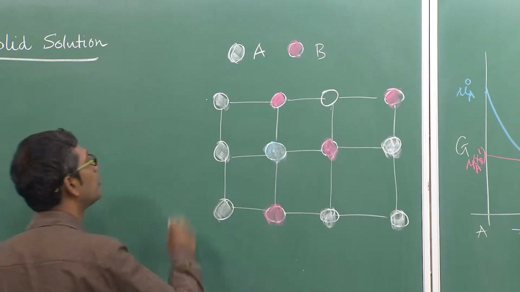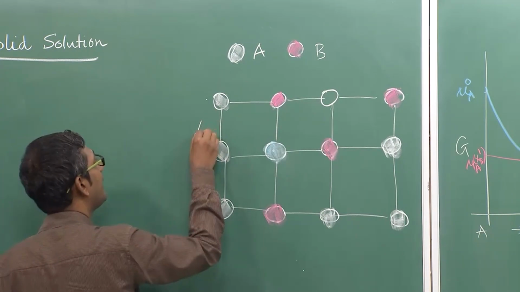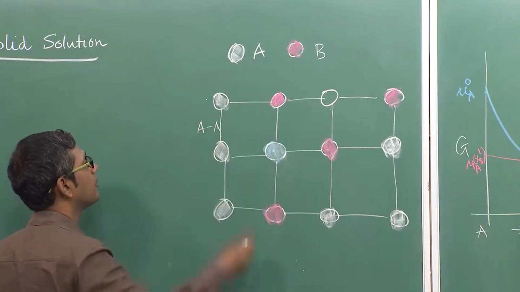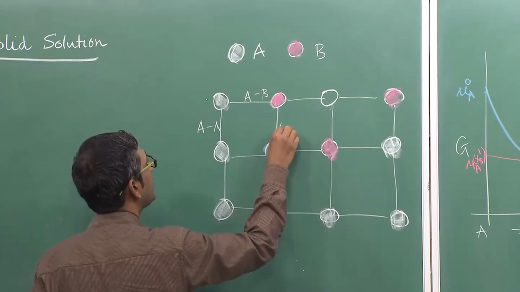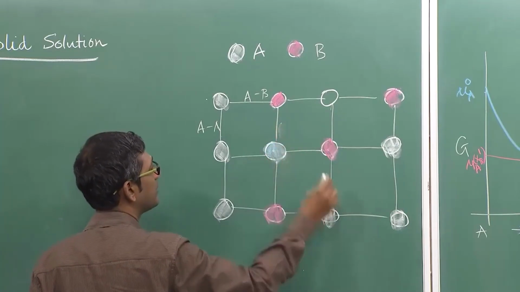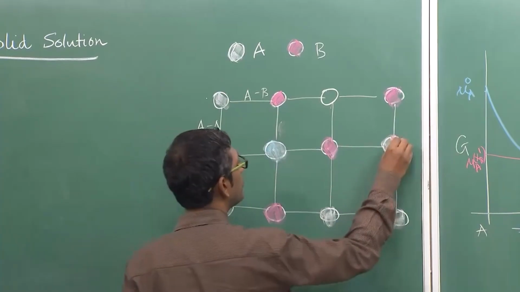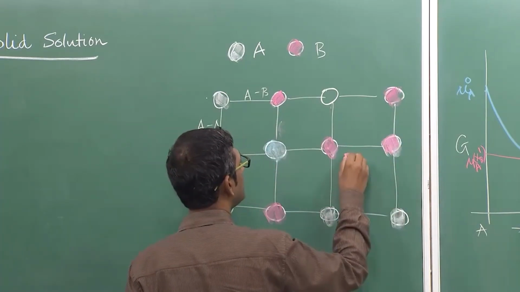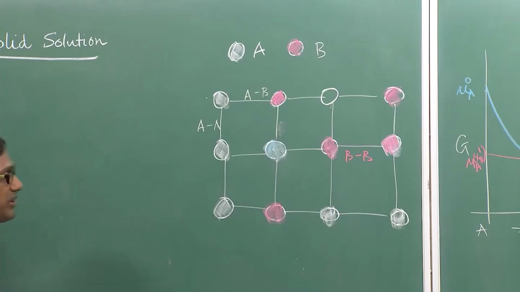As you see, there are three types of bonds here. One is between A and A, the other one is between A and B, and the third one is between B and B. Is there any BB bond? Let us make it. Okay, this is a BB bond. So there are three types of bonds present in solid solutions.